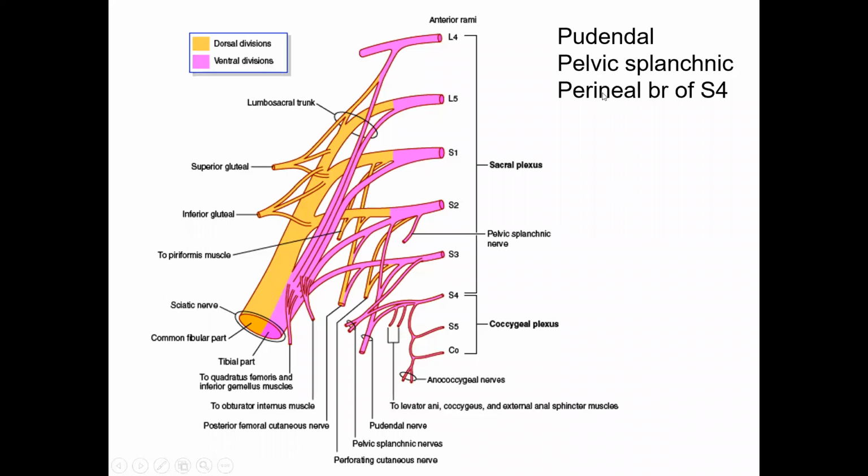All three nerves start with the letter P, and all three supply the pelvis. And of course, the pudendal nerve continues to supply the lower part of the perineum.